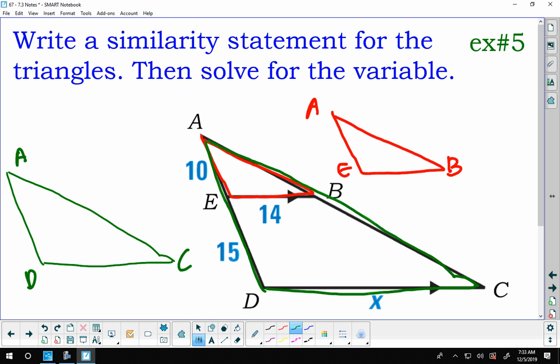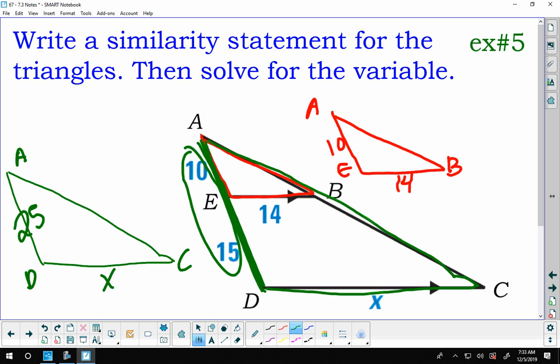Okay, so I'm going to label the side lengths as well. In the small triangle, this side length was 10 and EB was 14. In the big triangle, the bottom side DC is X, and this is the hardest part of this problem: how long is AD? AD is 10 plus 15. So AD is 25. That's the important part of this problem.